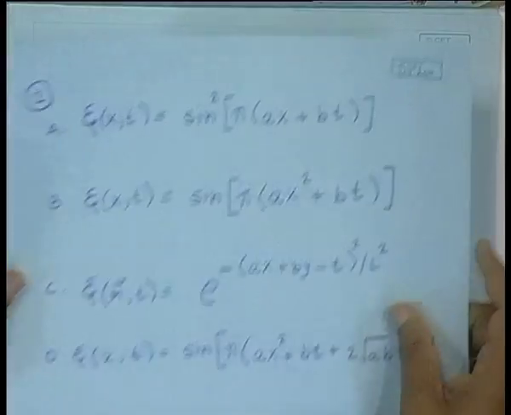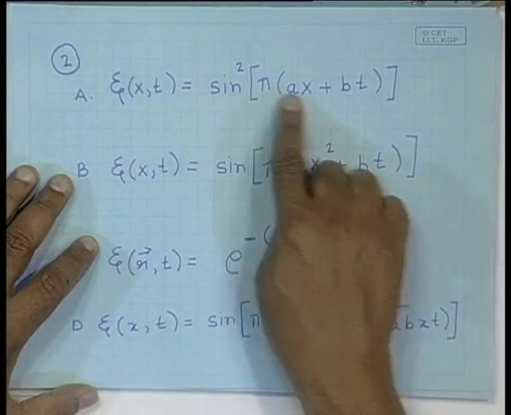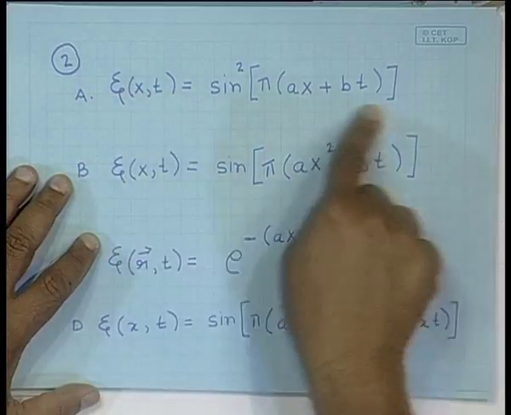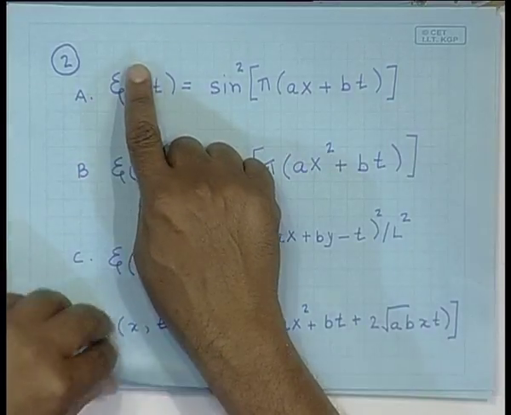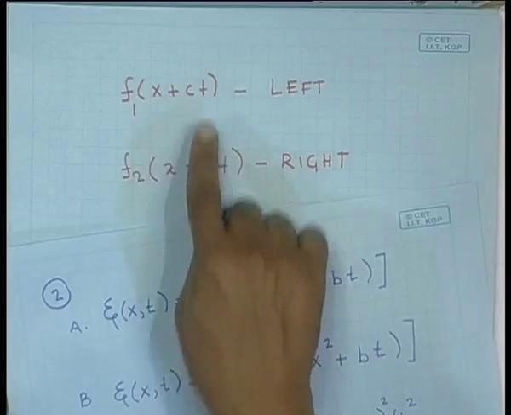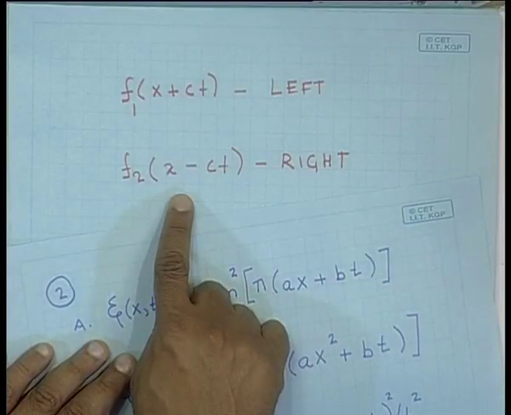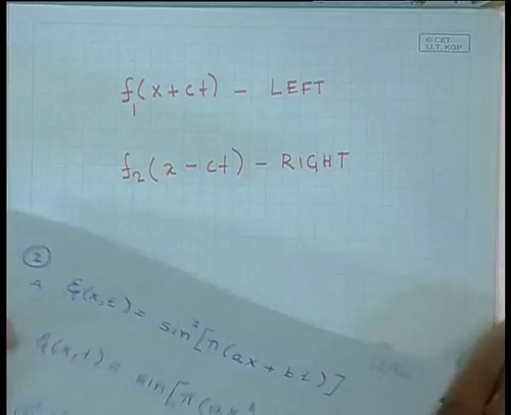So, what we have to see is, does this match with any of these two? If it matches with this, it is a left travelling wave. If it matches with this, it is a right travelling wave.